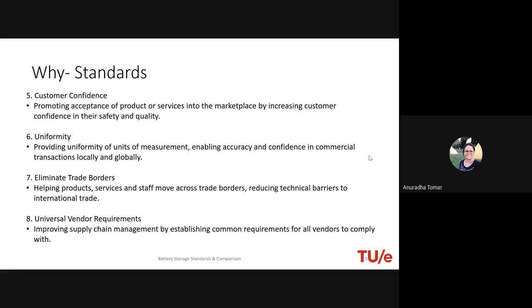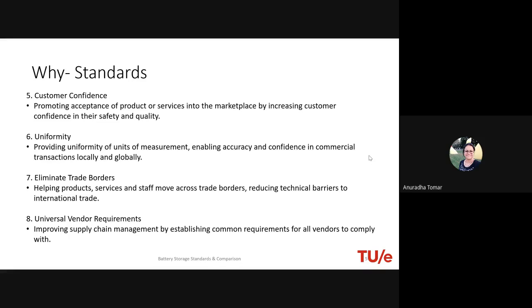Another thing is that it eliminates trade borders. As we have discussed, there could be different needs of regional geographical regions and countries, but standards reduce these kinds of barriers, like trade borders, reducing technical barriers to the international market and international trade.